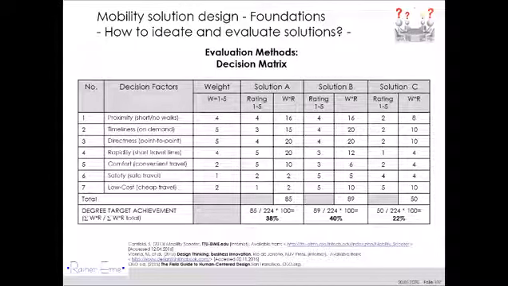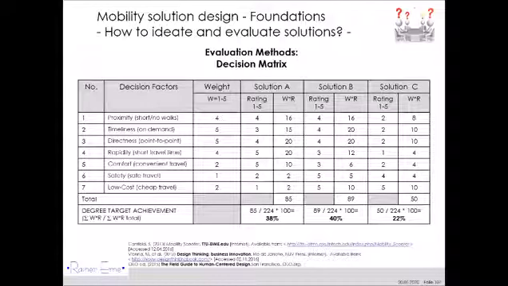The second one is the weighting of the decision factors. So you need to know for your user segment what is key for them. Is it more the proximity issue? Is it timeliness? Is it the rapidity? Is it comfort?